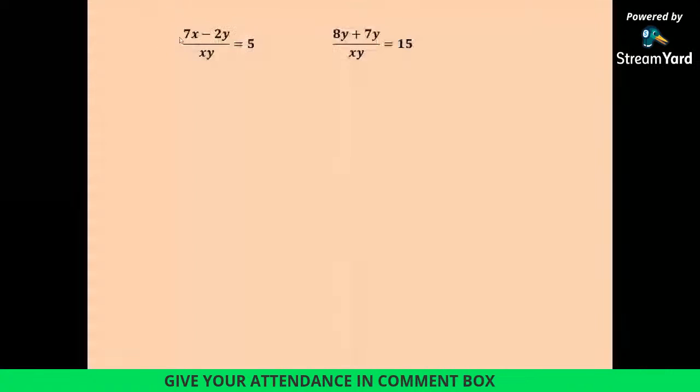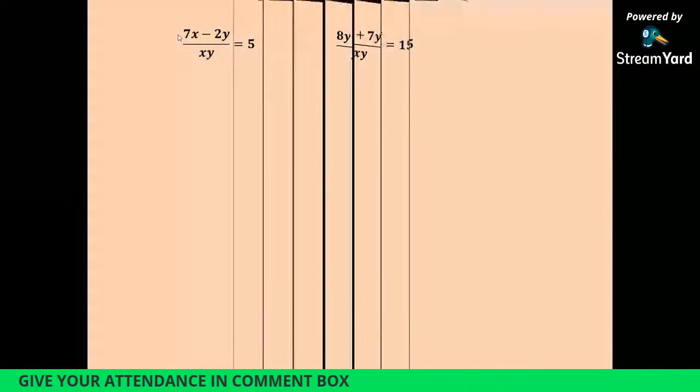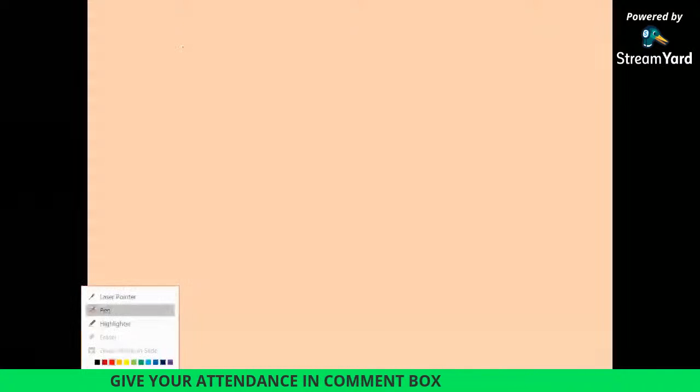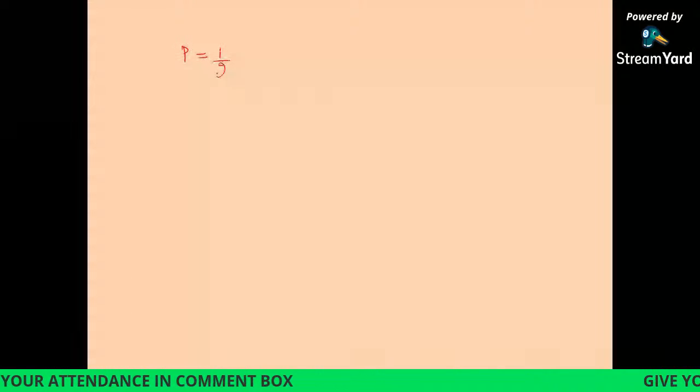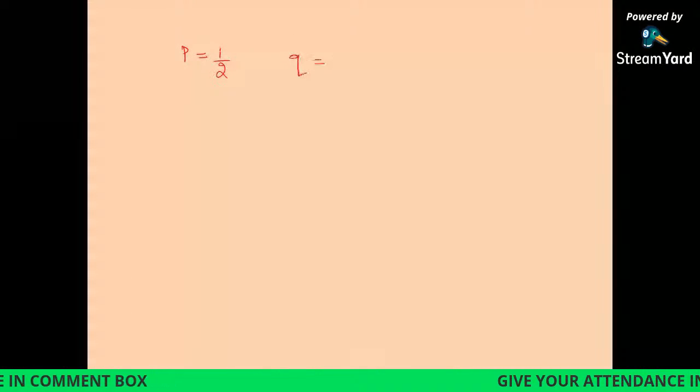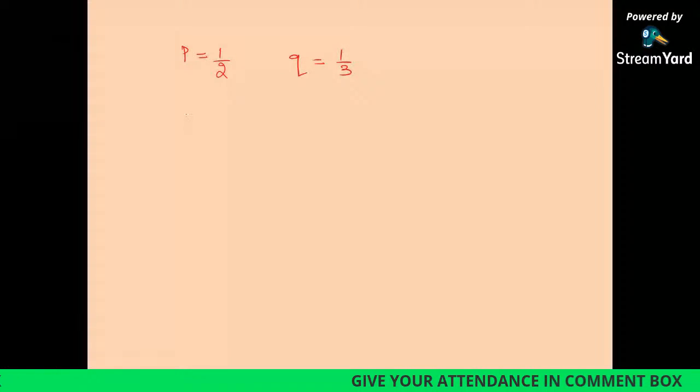Now we got the value for p as p is equal to 1 by 2, whereas q is equal to 1 by 3. But by assumption, what is p?